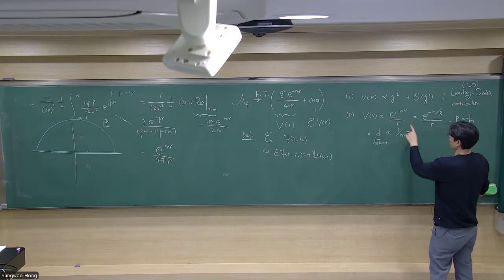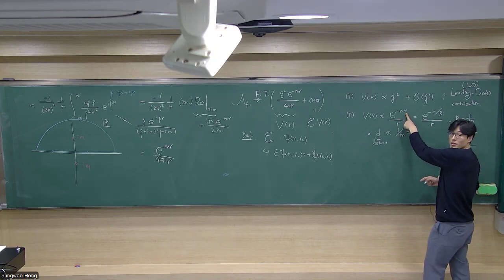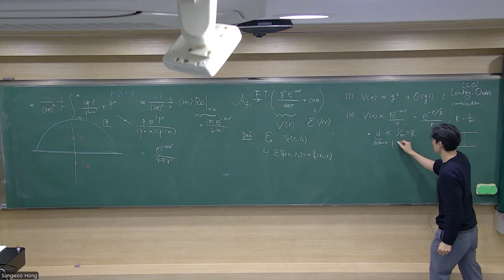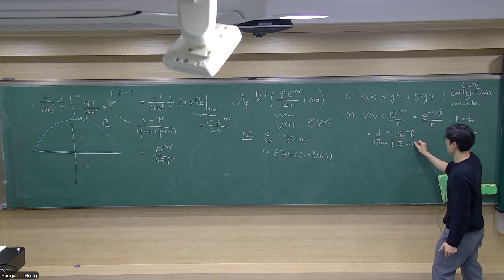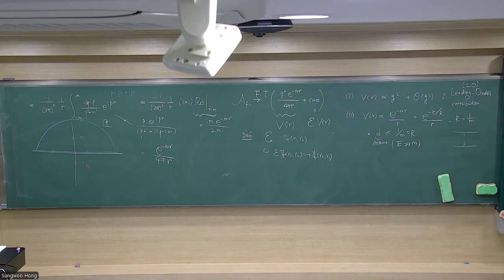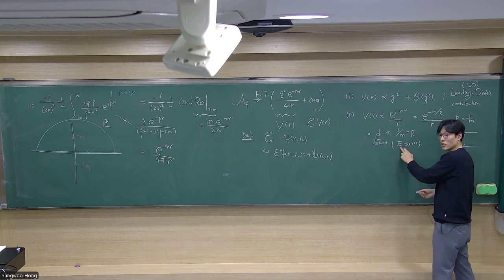Basically, I'm saying that R goes to the zero limit. Another way of saying it is that I'm looking at the energy of this collision, which is much greater than m, because by the uncertainty principle, distance is inverse energy, and vice versa.